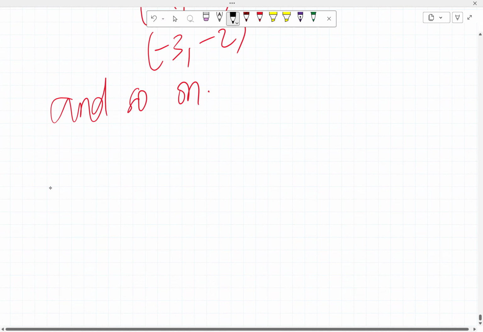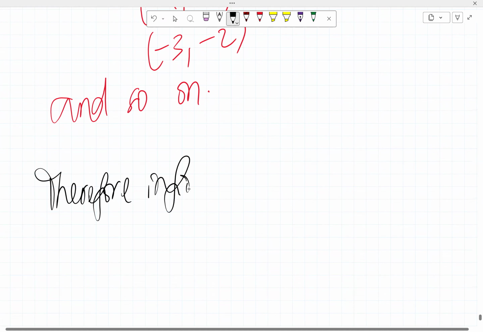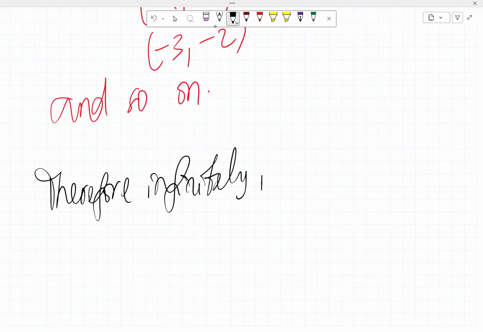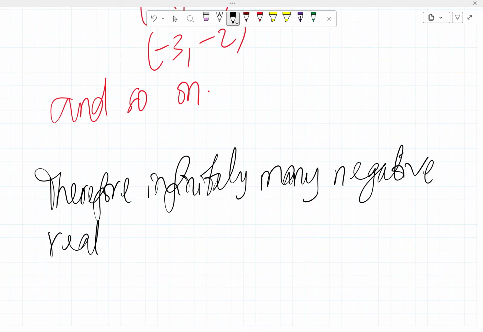Therefore, infinitely many negative real solutions exist.